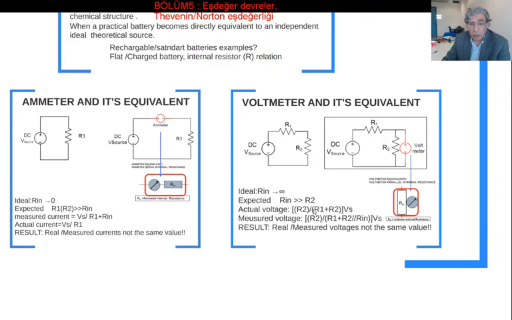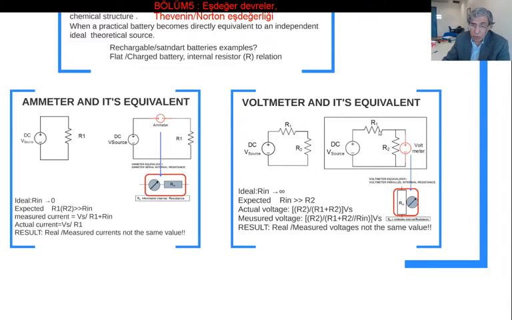If you put a voltmeter in order to measure the voltage of this R2 resistor, this equivalent has the meter part in parallel with an internal resistance. So this internal resistance comes in parallel to R2. In this case, the voltage that we are going to measure is R2 in parallel with Rin, which is the total resistance here, and add R1 to that.